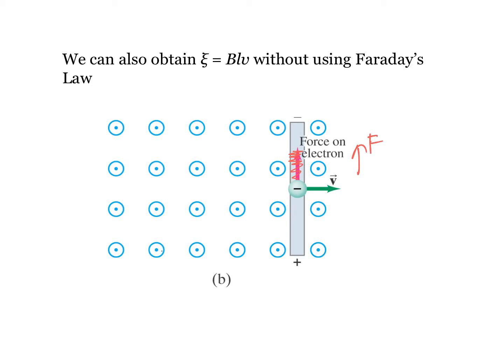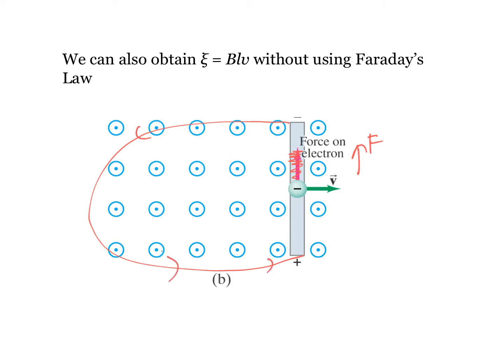So what happens, for example, if the rod doesn't connect to the U rod like in the previous picture? The flow of electrons is going to be counterclockwise.